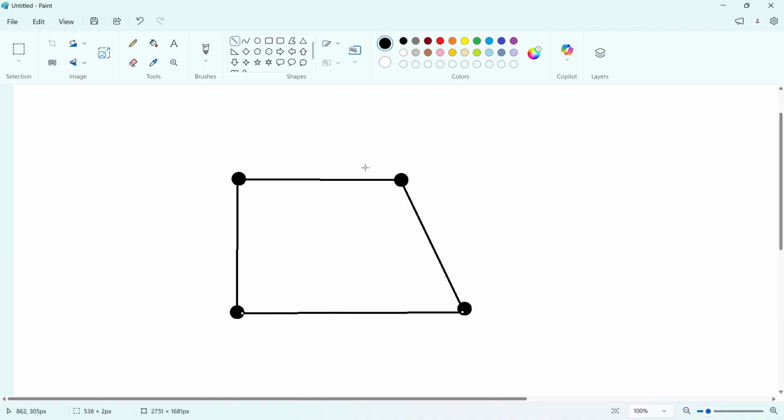now it is not a square, and no one will call this shape a square anymore because it does not have equal sides. A square always has equal sides on every side, but these two look different and these two look completely different. So it is not a square anymore.